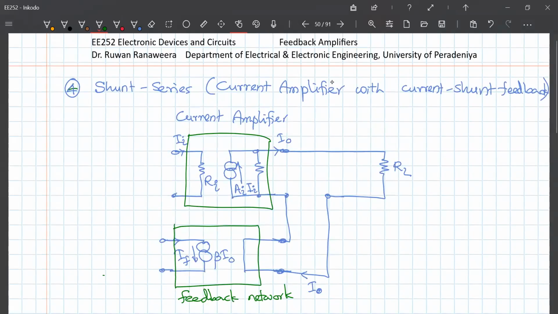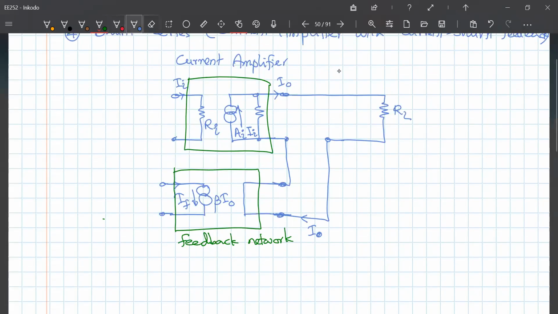And I have the source. Source is a current source. We initially started with a current amplifier, so therefore my source is a current source. It has a source current IS. Initially the current was going into this, and now I have to sample and reduce this current.